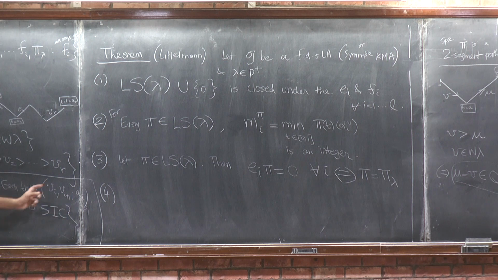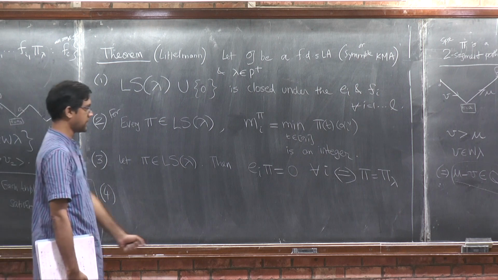Right? This condition only kicks in when I have some a_i which is neither 0 or 1. If there are no transitions, you start at 0, keep going in the same direction till you reach 1, then this condition doesn't even kick in. It's vacuously true. So therefore, all single segmented paths are automatically in LS.